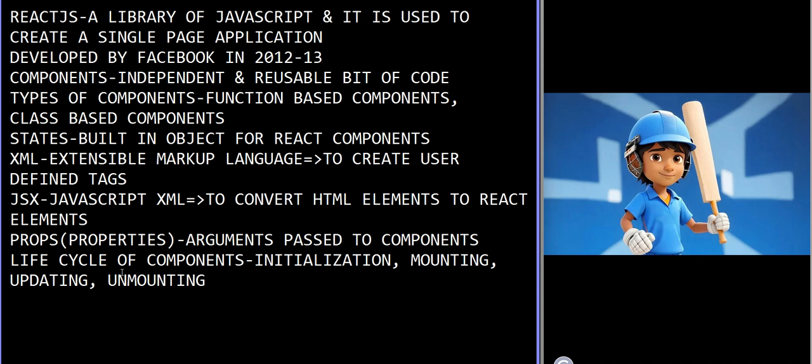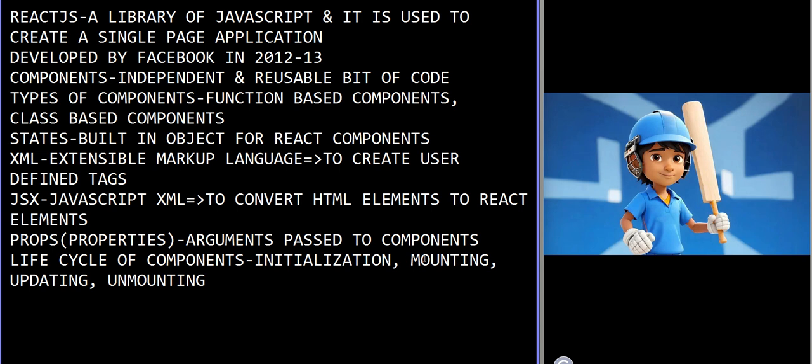That means the first stage was initialization, the final stage is destroying, that means closing the application mostly. Initialization and unmounting are the starting and ending points of the life cycle.